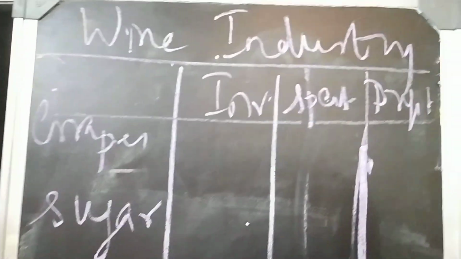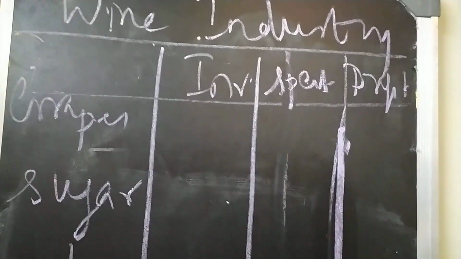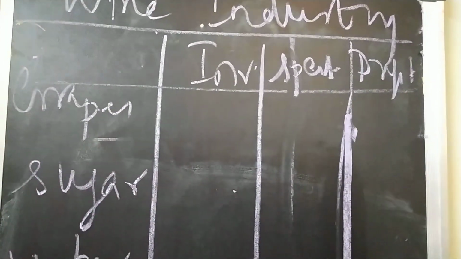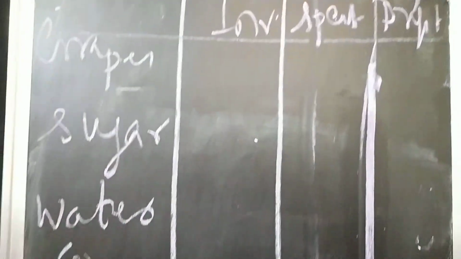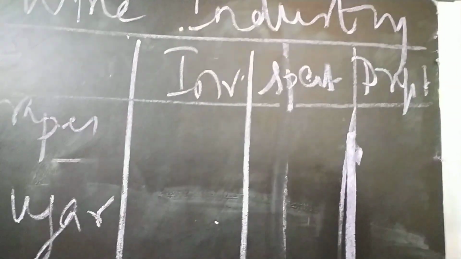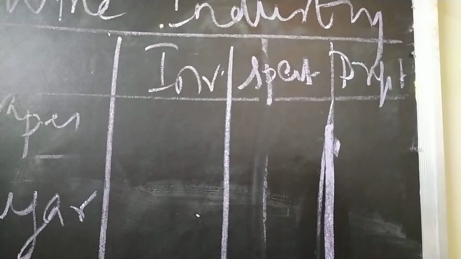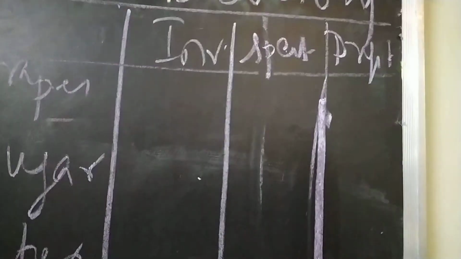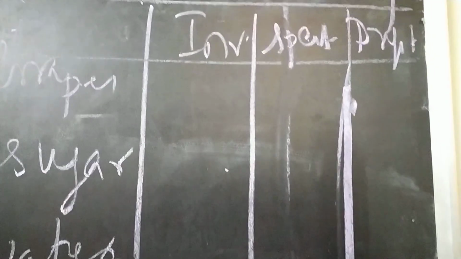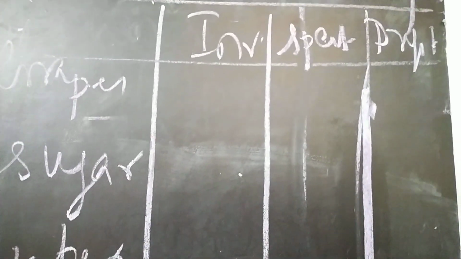Students, you can see this is a wine industry. There are a few columns with all the products. Let's say grapes, sugar, water, sulfur dioxide, bioreactor, effluent. You can add a few more things here, as I discussed with you. Then investment: how much you're investing, what is the amount spent, what is the profit, just like your accounts. Maybe I will say grapes is around 10,000 rupees.